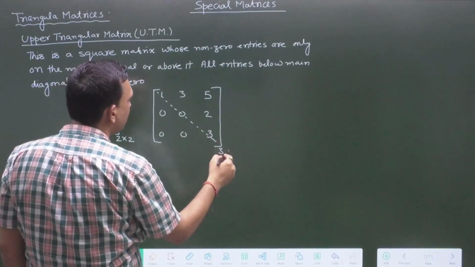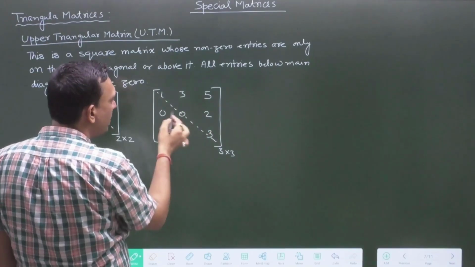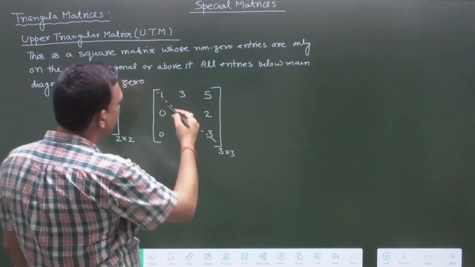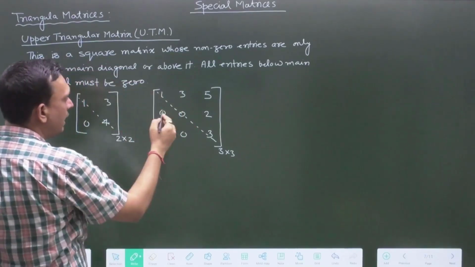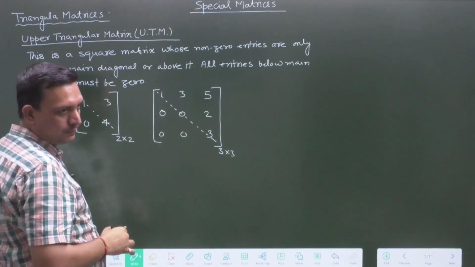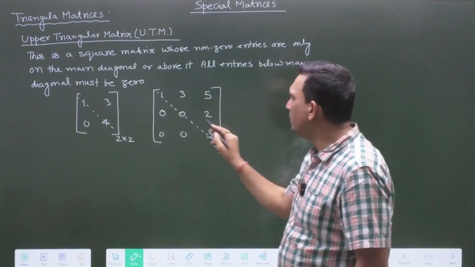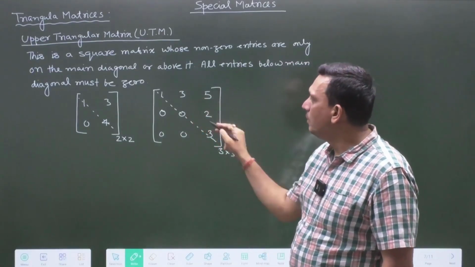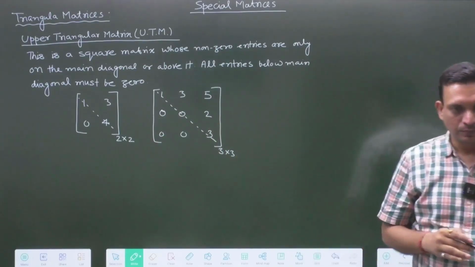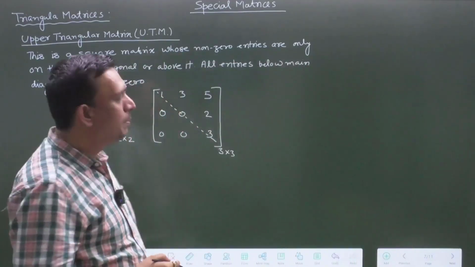Some of the entries may be 0 on main diagonal as well as above it. But all the elements below the main diagonal must be 0. So it's an upper triangular matrix. Some of the elements may be 0, like here it is 0, but all the elements below main diagonal must be 0.